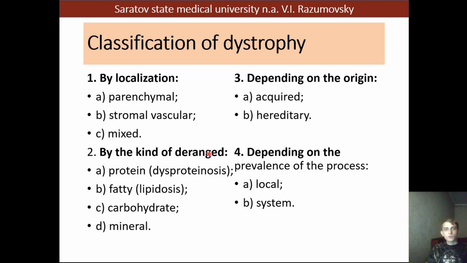By kind of derangement, we can see protein or dysproteinosis, fatty one or lipidosis, carbohydrate, and mineral type of degeneration. Depending on their origin, it may be acquired and hereditary. Depending on the prevalence of a process, it may be local and systemic.